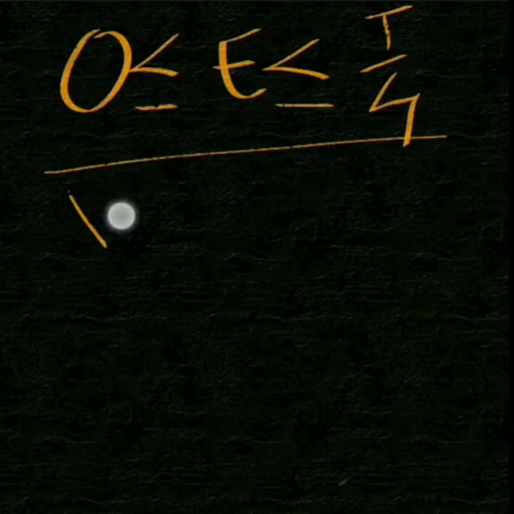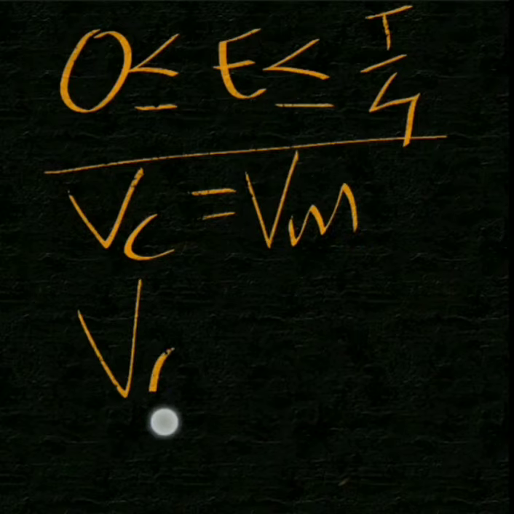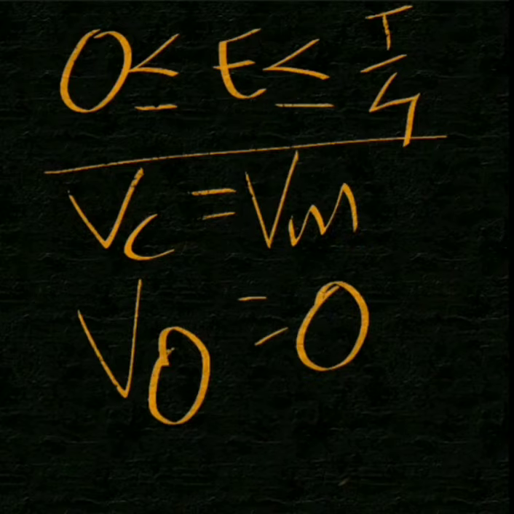So in this time range from 0 to T/4, Vc will become Vm and Vo will be 0, because the R value is 0.